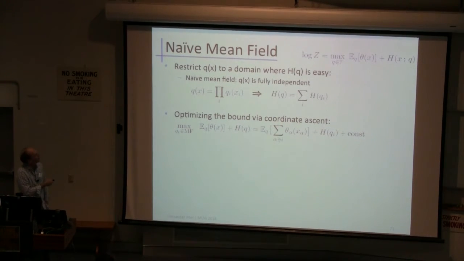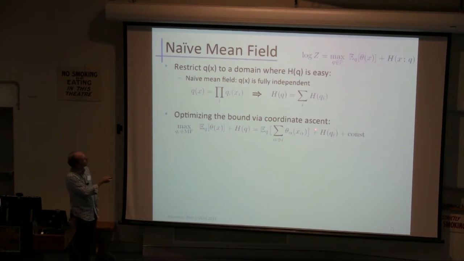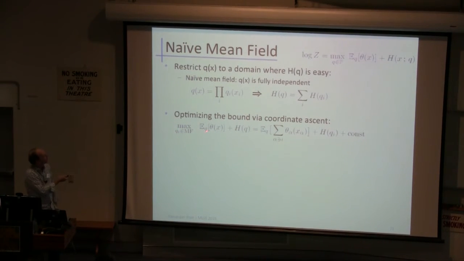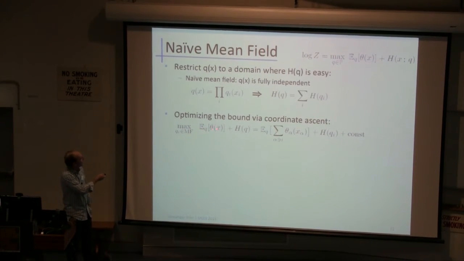You could do any kind of optimization you like, but if you do a coordinate ascent, for example, it has a very nice form. So maximizing over one Qi, given the rest of this objective, the only terms that depend on Qi are the expectation of any of these thetas that involve xi.